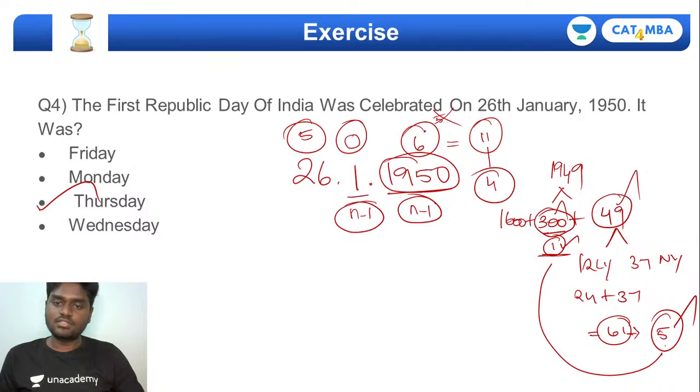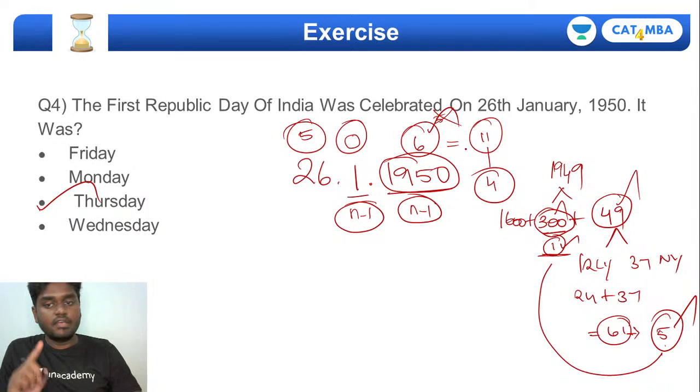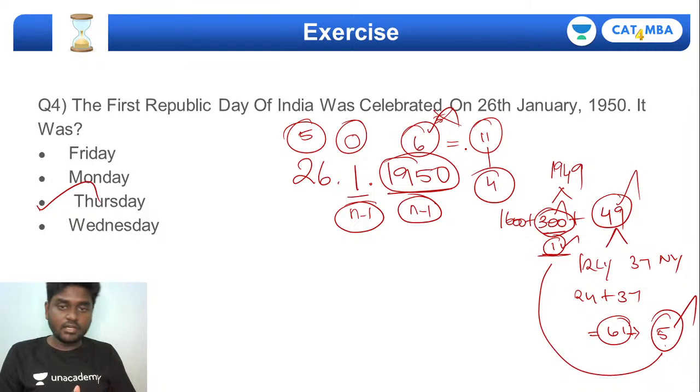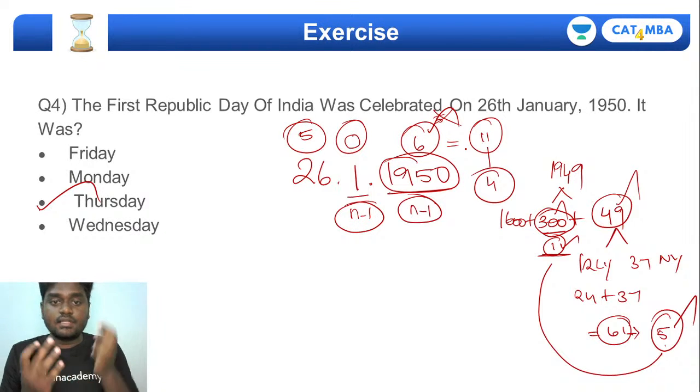So 5 plus 1, it's going to be 6 odd days. If you miss out even one odd day, that will absolutely reflect in your answer. So you need to be really conscious while finding the number of odd days. Clear? Very good, Aryan.